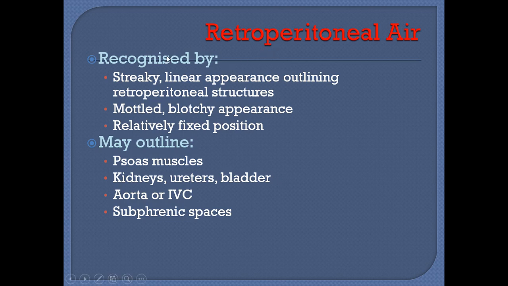Retroperitoneal air, when it is outlining the kidneys or psoas, can give a mottled, blotchy appearance and relatively fixed position. It can be around the psoas muscle, kidneys, ureter, bladder, aorta, IVC, or in the subphrenic spaces.